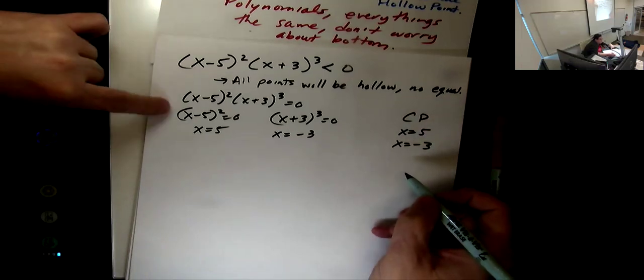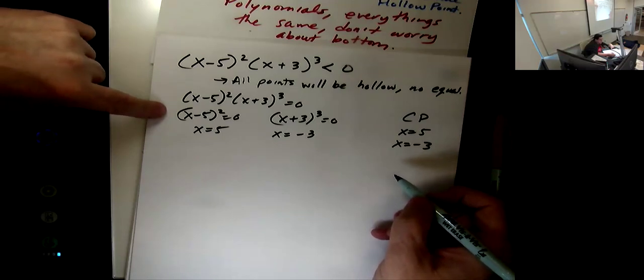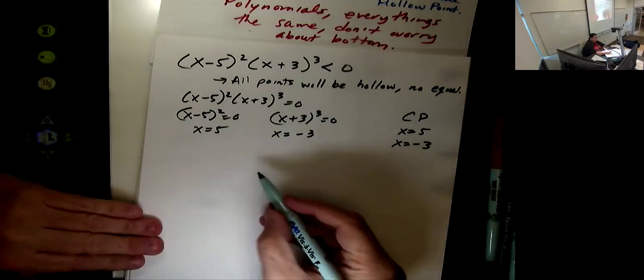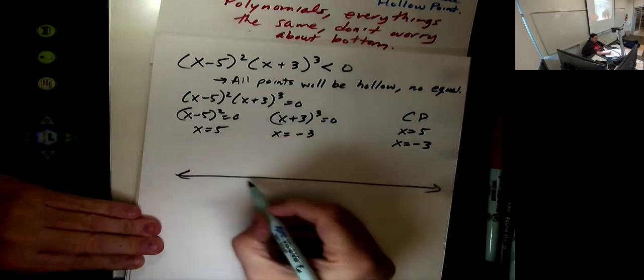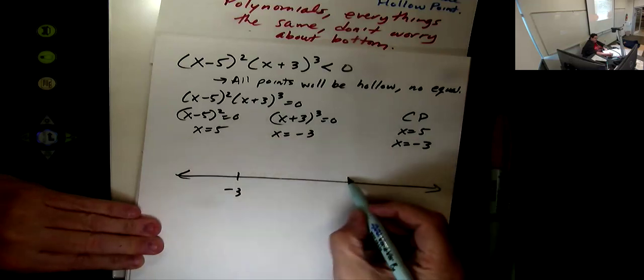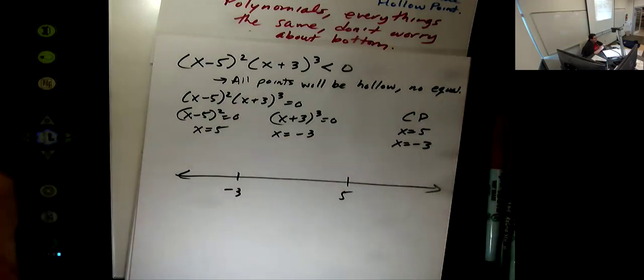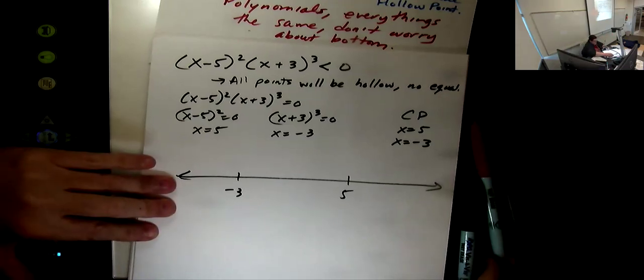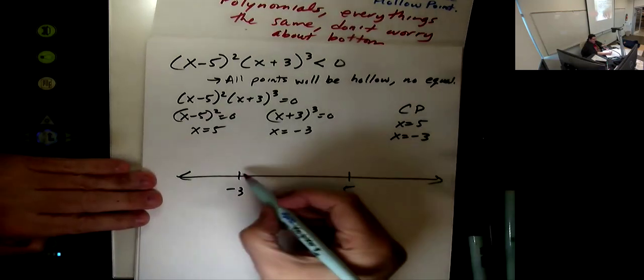I sped through that because if you take the square root or the cube root of 0, it's still 0. So all that matters is what's on the inside. Is that always going to be true? All that matters is what's on the inside, if you got it in factored form, yeah. And we already said these are hollow points.